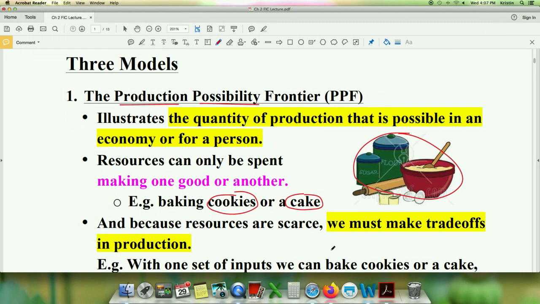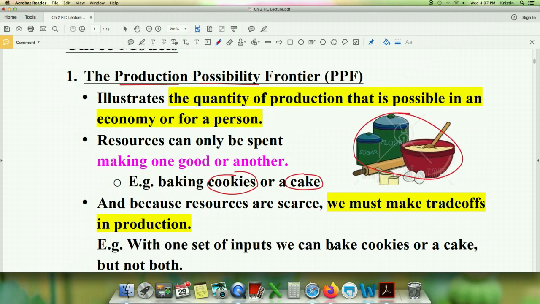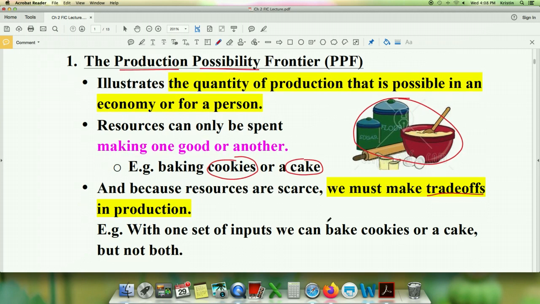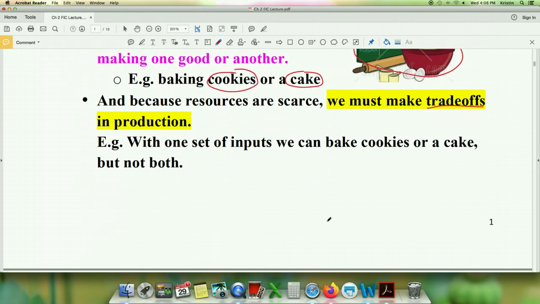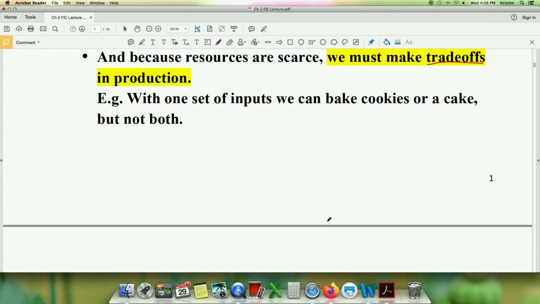So we must make trade-offs in production. Trade-offs is a word from chapter 1. You'll probably remember that. That's when you choose one thing, but you give up something else. So this model is going to illustrate that first principle from chapter 1, that resources are scarce.